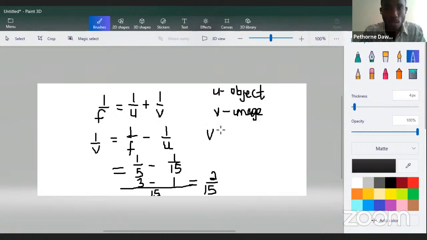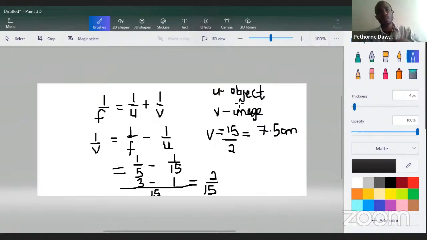So V is actually 15 over 2, and that gives us 7.5. And that would be in centimeters, because everything was in centimeters.